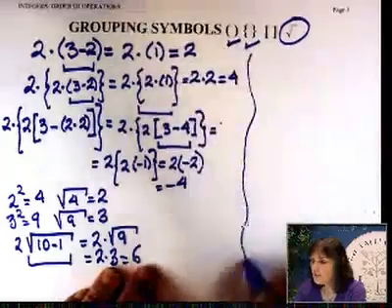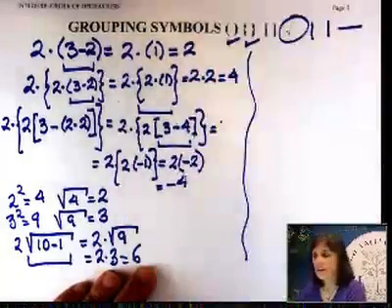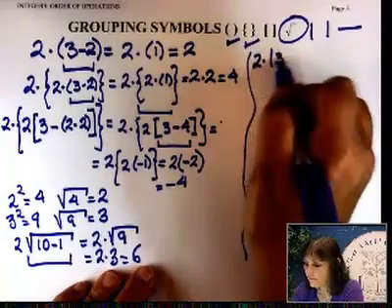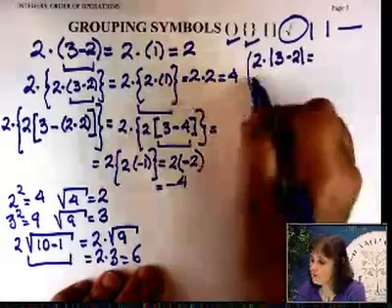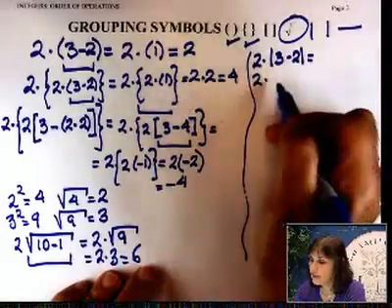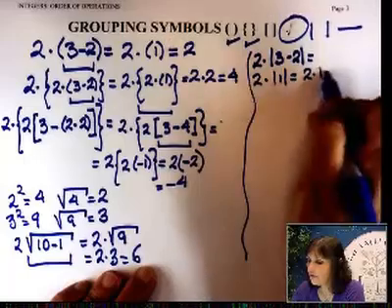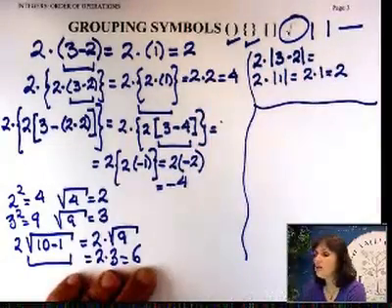And the other grouping symbols are absolute values and fraction bars. Let's look at absolute values. If you have something like this, that means you have to do the absolute value first. 2 times 3 minus 2, that's 1. And absolute value of 1 is 1. 2 times 1 is 2. So that takes precedence over anything else.